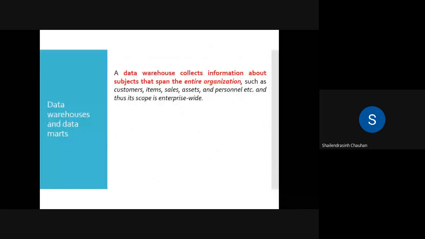So as we already discussed few things or many things about data warehouse, here in data warehouse, you are going to store all kinds of data with respect to all the subjects, and that data will be historical, and the entire organization's data you are going to store inside this data warehouse.